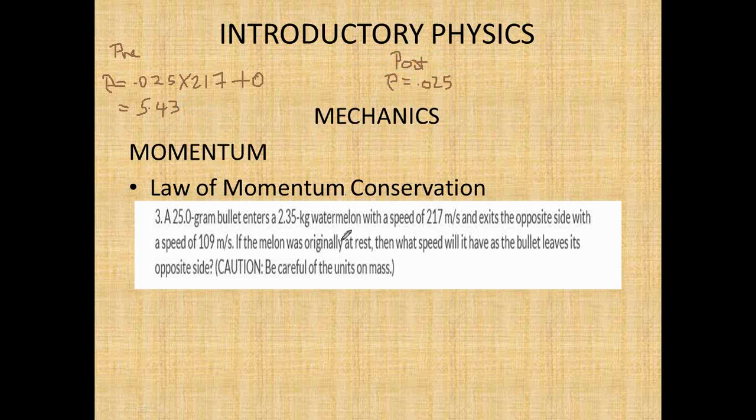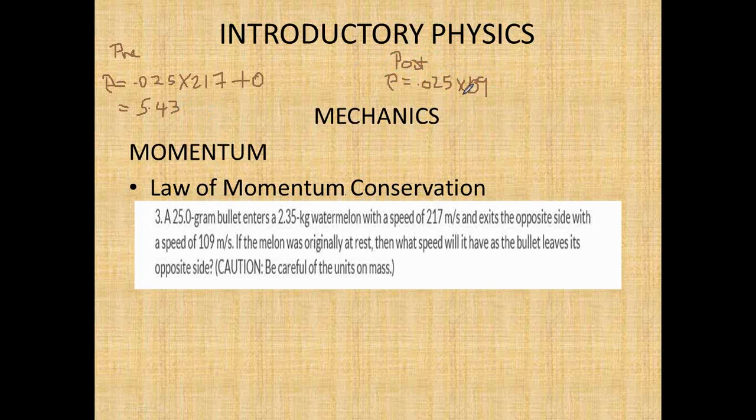After the collision, the bullet loses speed. So something has to gain speed, and the watermelon gained the speed. So the speed of the bullet is 109. You get the mass times the velocity as the bullet exits the watermelon.